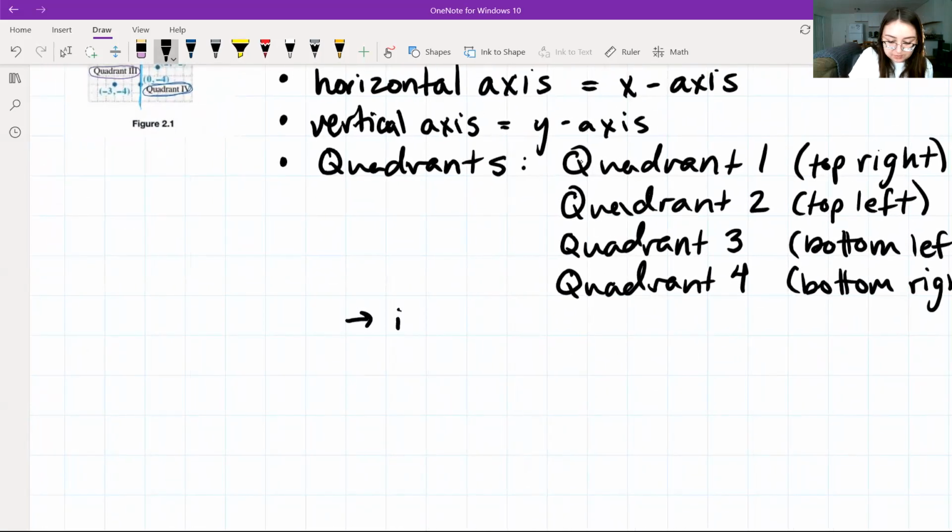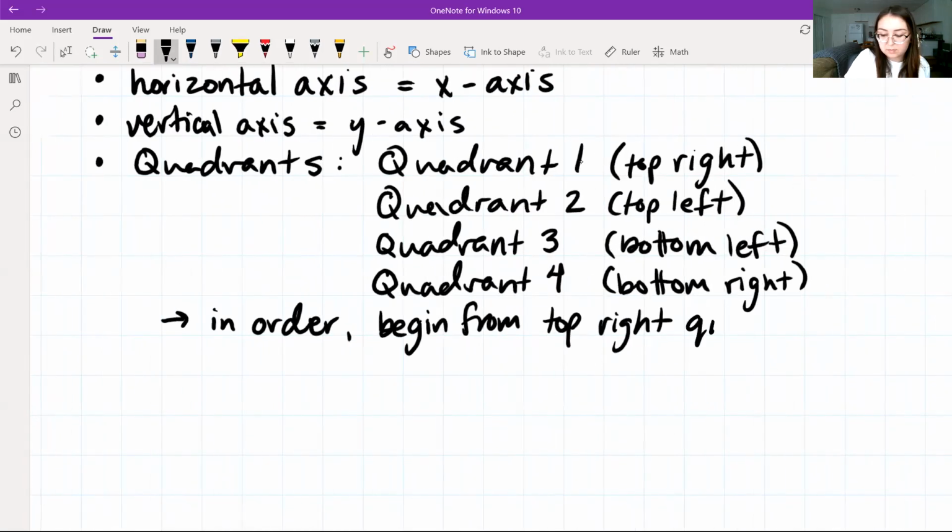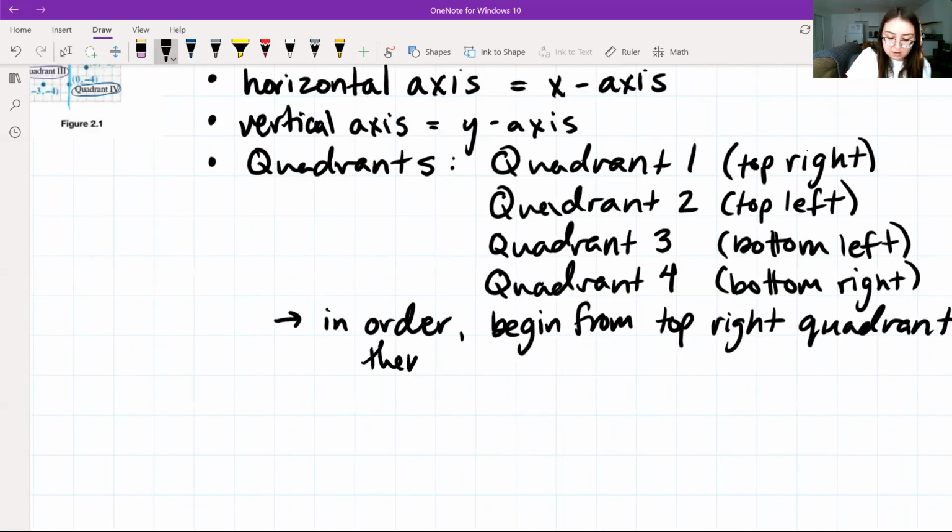Put a little note: in order, begin from the top right quadrant, then go counterclockwise.